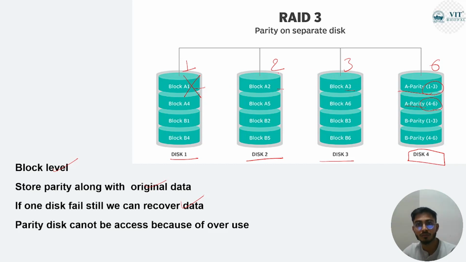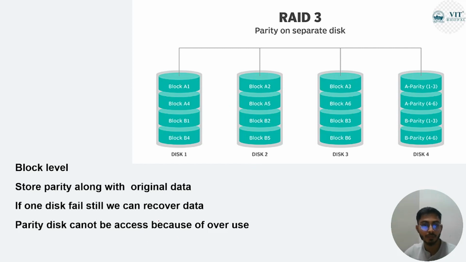How? We know this too. What is the sum? 5, right? So parity 6 we know, minus 5 we get 1. 1 represents this now. See, we got the answer. In this way, parity helps us to recover the lost data.